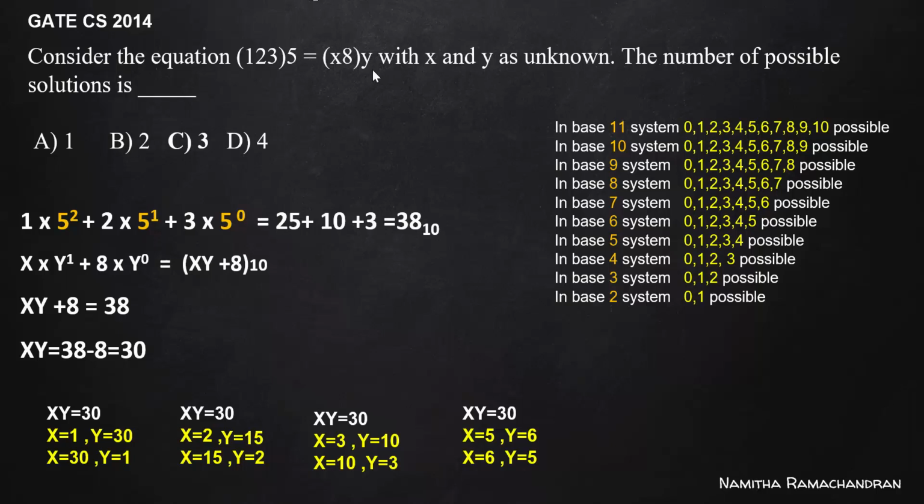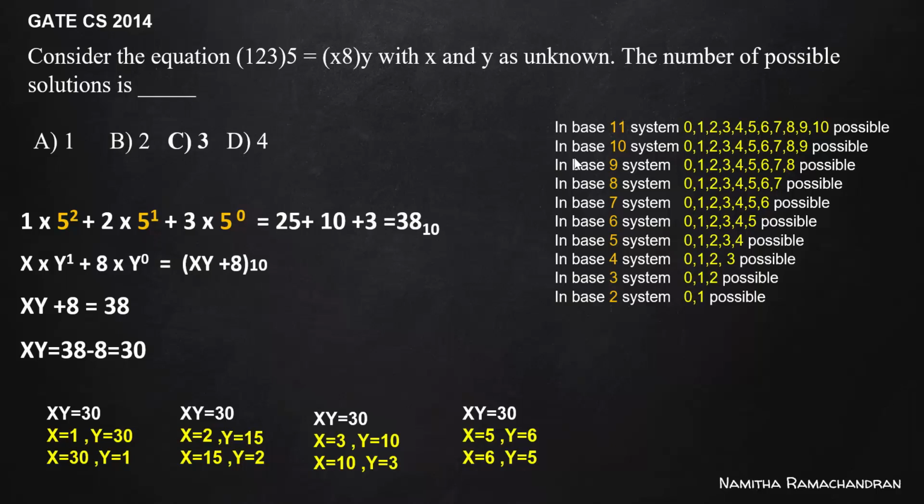Now consider that in this base y system, one of the symbols is 8. While analyzing this pattern, it is clear that in base 9 system and beyond, we have the symbol 8. Below this, in base 8 system, base 7 and so on, we don't have the symbol 8.